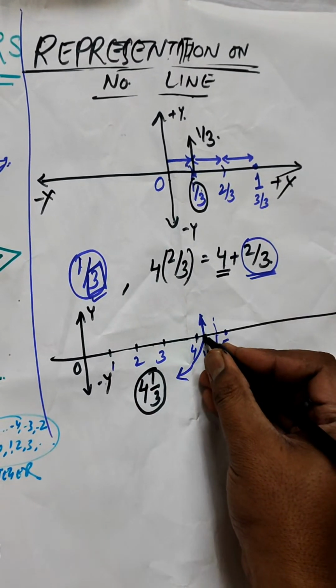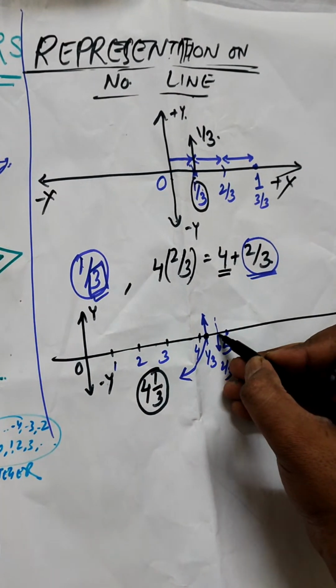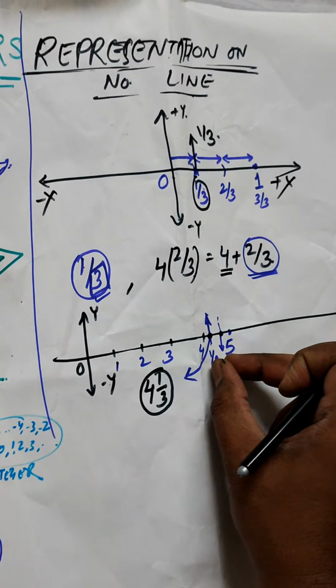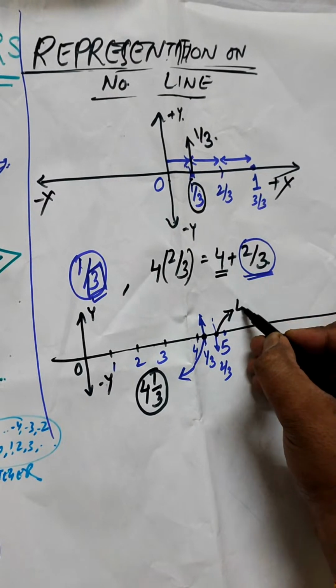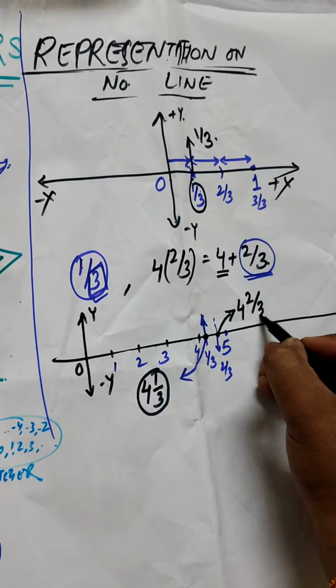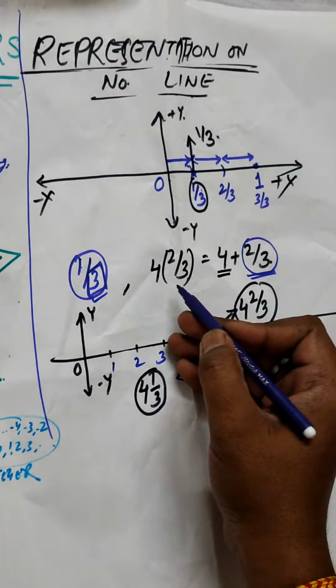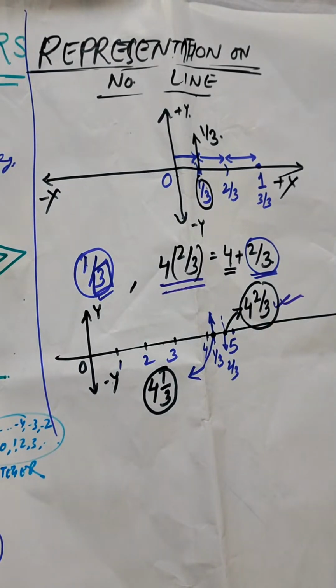And the second point between 4 and 5, since we have divided into 3 equal parts, can be represented as 4 2 by 3. So in this way we have represented 4 2 by 3, right? Hope you understand. We'll take more examples, don't worry.